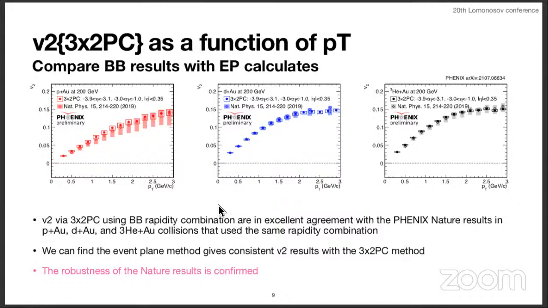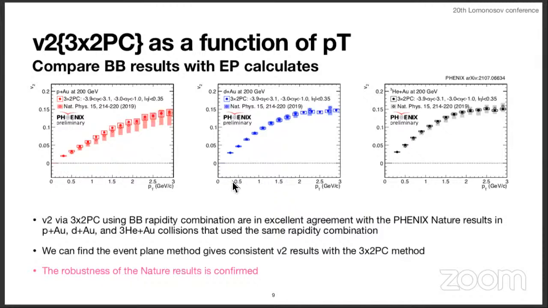For a more sophisticated interpretation, we have the latest publication from PHENIX, which is already on the arXiv. The left-hand figure is the v2 for p+Au at 0 to 5% centrality, which is very head-on collisions. The middle one is d+Au, and the right-hand figure is the helium-3+Au result.